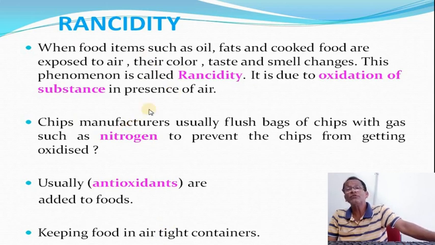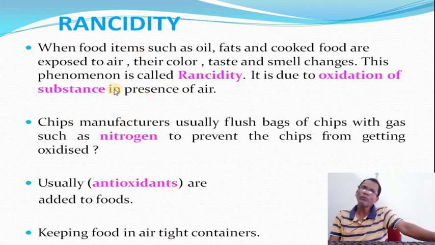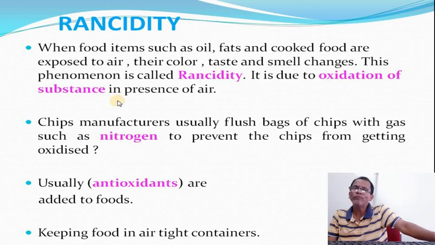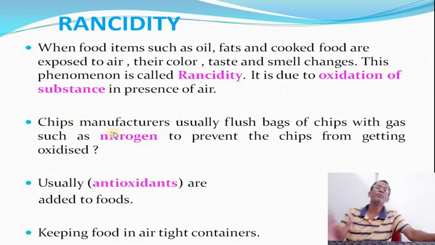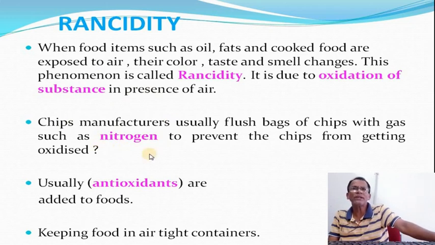So rancidity is also a very important process where the food particles will be destroyed. To protect from this damage, that spoiling of the food, we can use different things for prevention. What are the prevention steps?